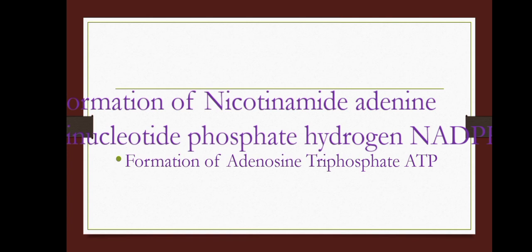Please get it correctly. The chloroplast contains ADP, which is adenosine diphosphate, but this process is the formation of ATP, that is adenosine triphosphate.